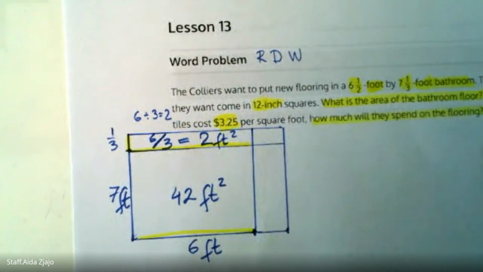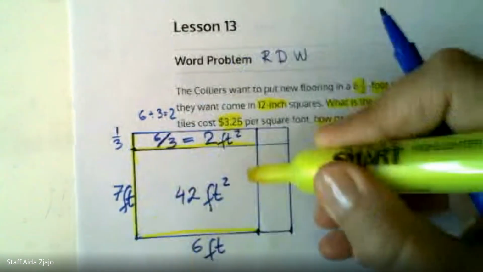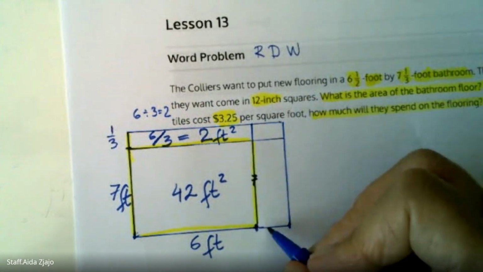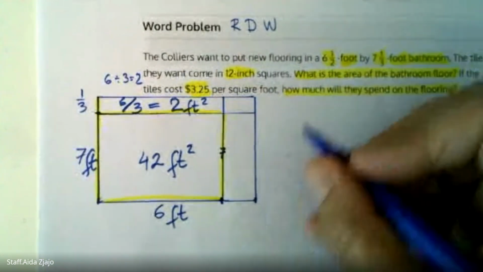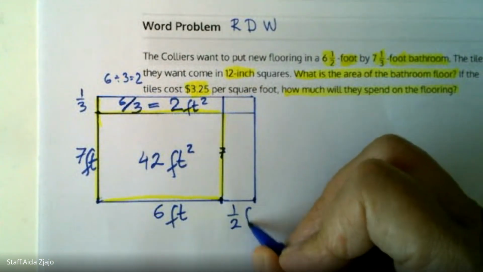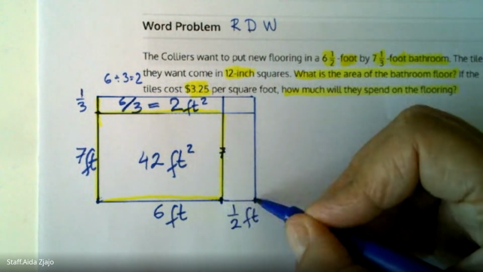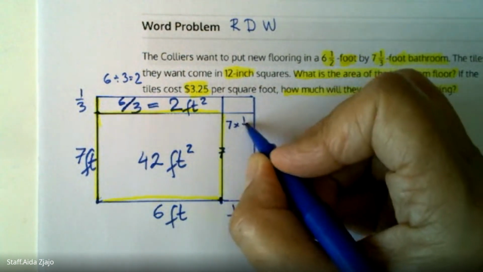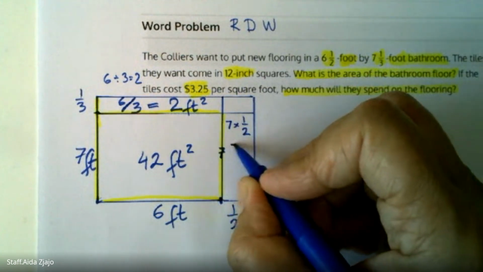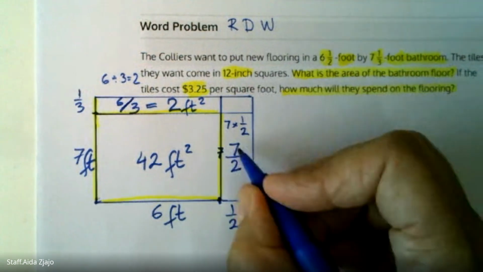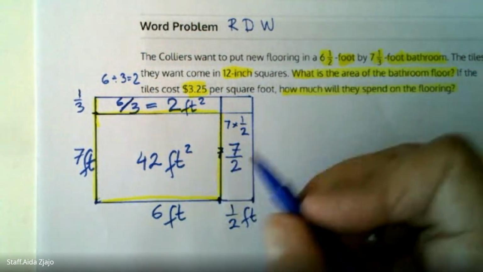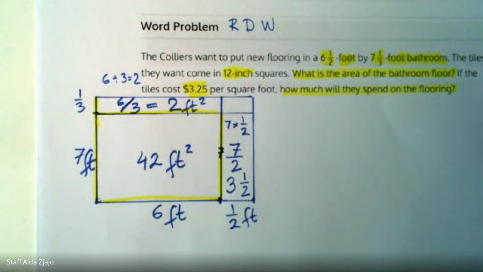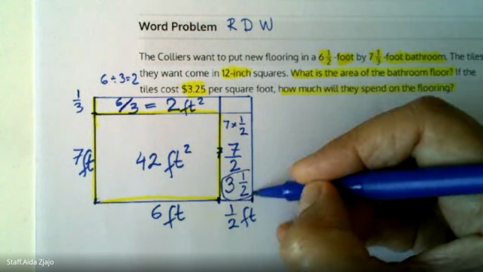This area here, if this is 7, so is this, and this was half a foot. So this is 7 times 1/2, so 7 halves. If you have 6 halves, you have 3 wholes, and then a half, 3.5.